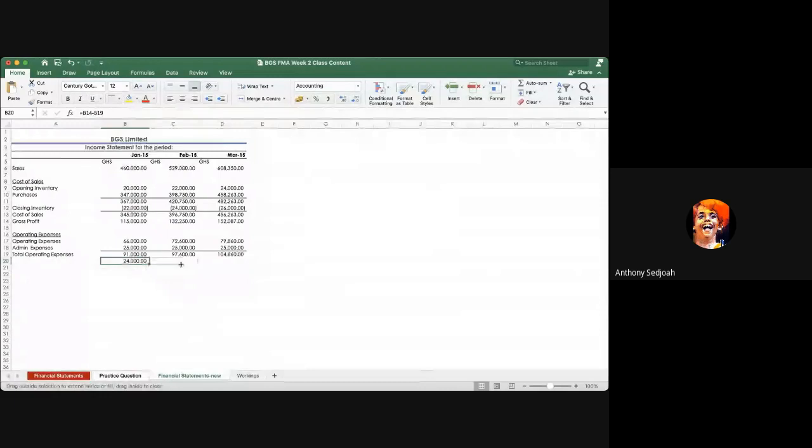Then we drag to the right. Okay, so since all of them are positives, it means they are all profits. So net profits. And then over here, we can bolden it. Then since this is the last, we can apply top and double bottom border like this.